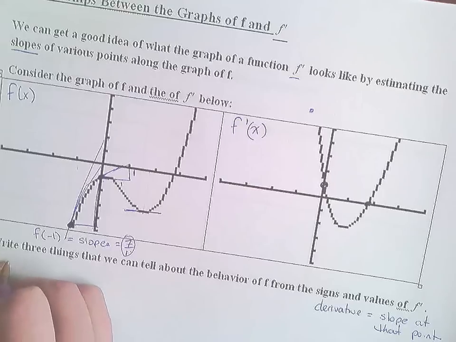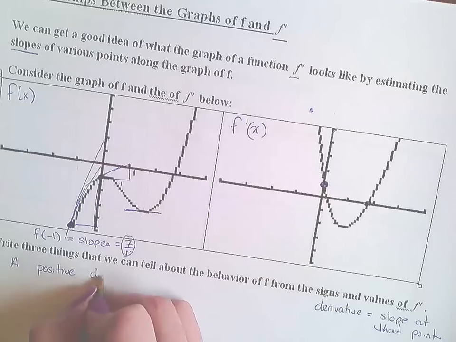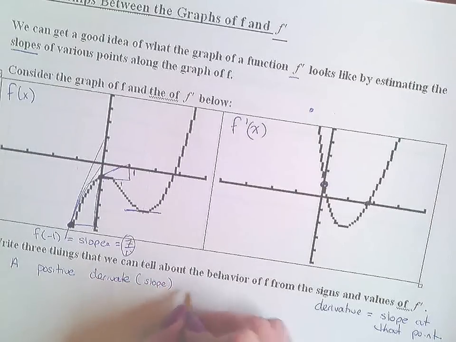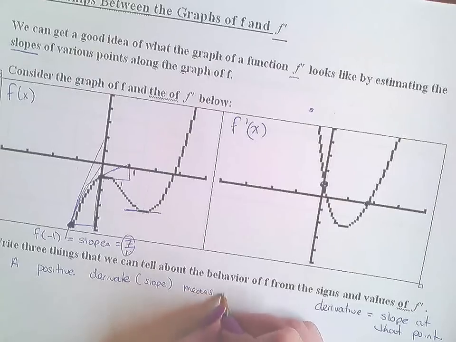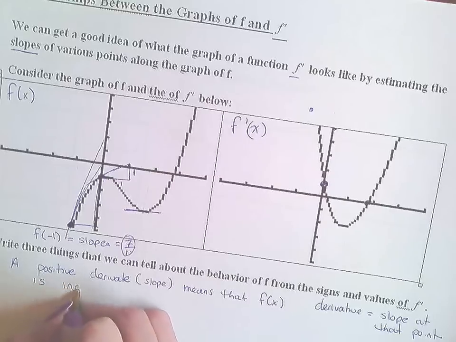So one, a positive derivative, which we're going to call a slope, means that f of x, the actual function, is increasing.